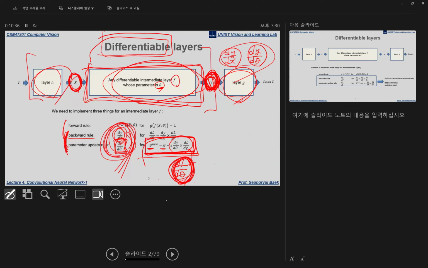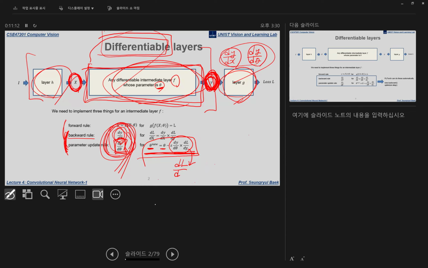And this dL/dθ can be secured for the entire deep architecture, and its parameters can be learned using the gradient descent formula, right? So that's why I'm saying that the entire deep architecture can be learnable: their parameters can be learned if their layers are differentiable. This is actually the only condition.